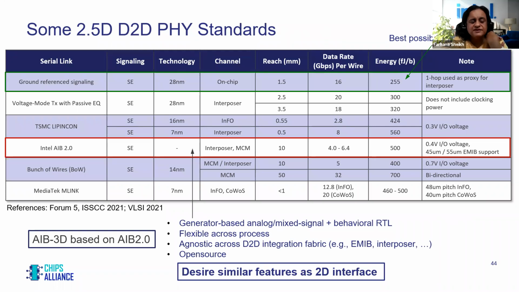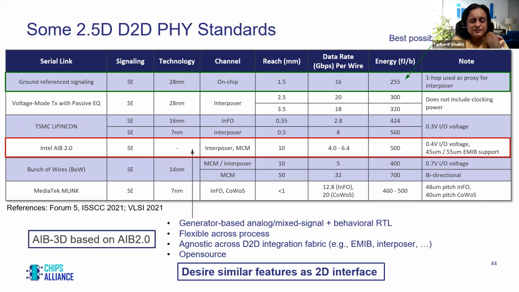Some of the 2.5D die-to-die PHY standards that are out there, I've listed here, though it's obviously not a comprehensive list. There are many, as was explained by Krishna and others today. The top line is highlighted to show the best possible energy efficiency we can get out of these standards.